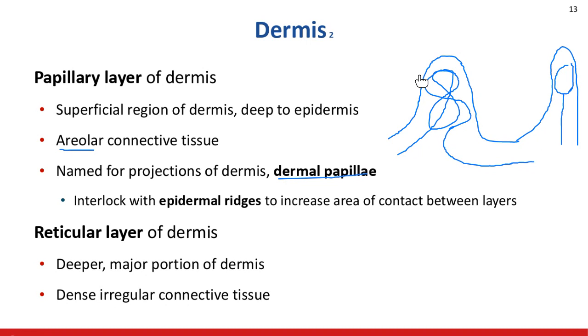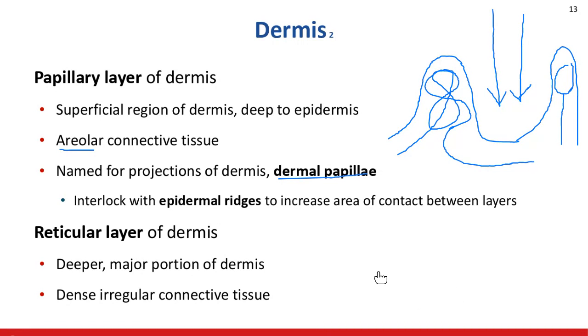But if you notice, the epidermis also has its own projections that are going down into the dermis here. Those are what we call the epidermal ridges. And these epidermal ridges help to form or create your fingerprints. So if you look on your fingers and you notice those ridges there, those are the epidermal ridges.